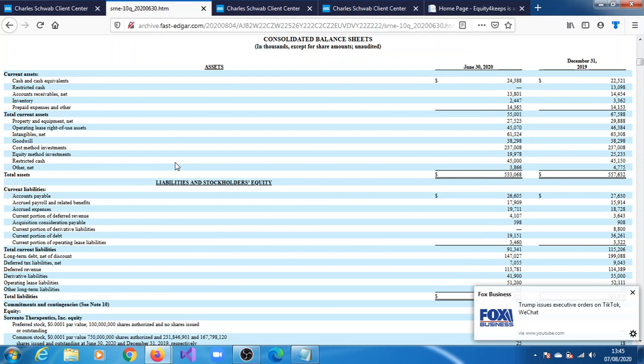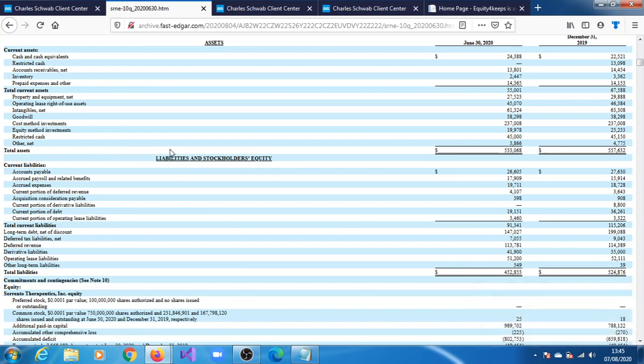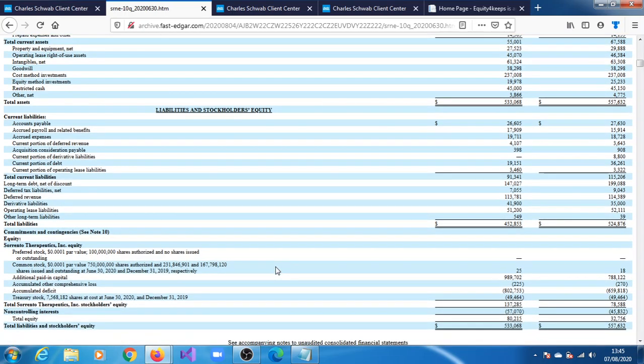Okay, prepaid expenses, and so total assets is the same thing over there. So we've covered that already.